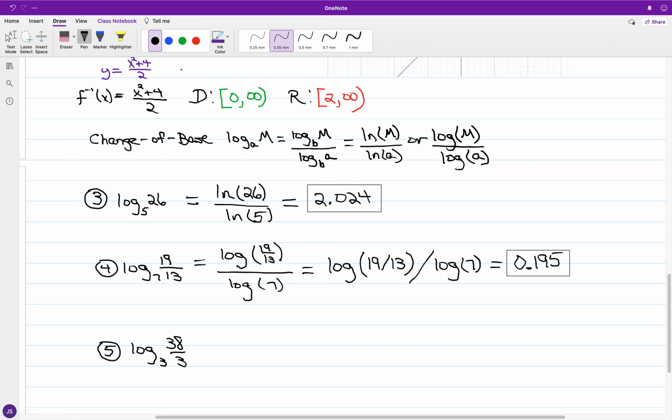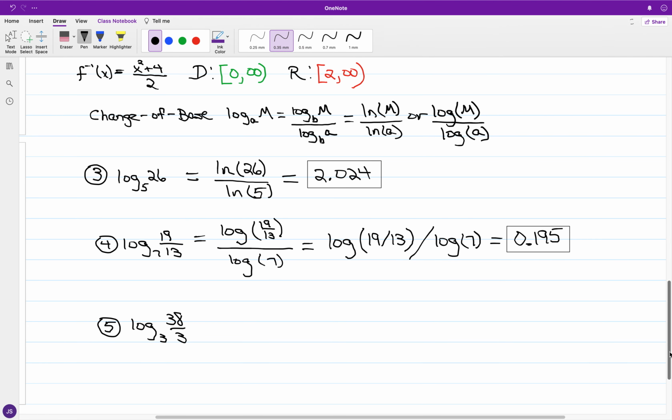And in the case of the base 3 logarithm of 38 over 3, we'll go with the natural logarithm on this one, but I could have repeated the use of base 10 logs. Here your m is 38 over 3 and your a is 3.